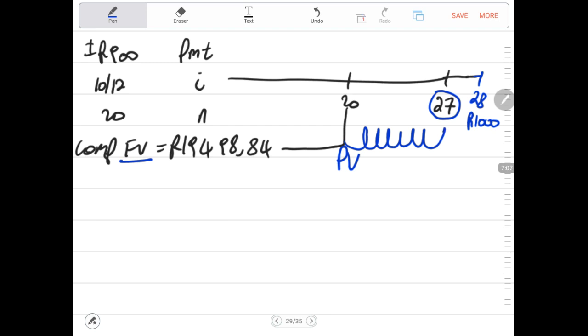Then after one period, there are withdrawals of 1000 that will take place. The question is, how many withdrawals can be made out of the amount that is in the account at the end of month 27?